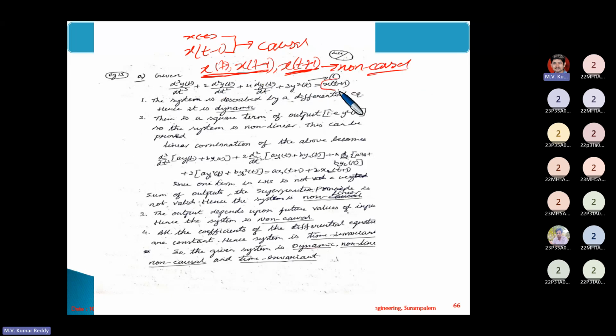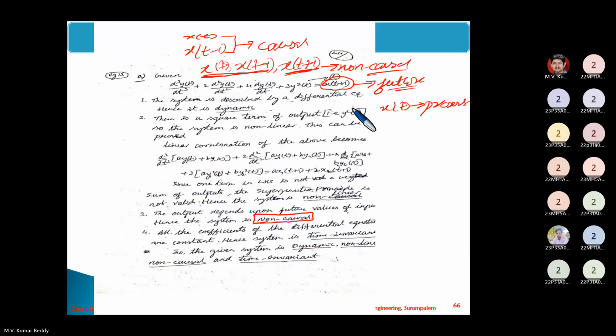Here we have only one future value, and if it has only one future value also, this is called non-causal. Among all the terms, if we have only one future term, that is t plus 1, then it is called non-causal.